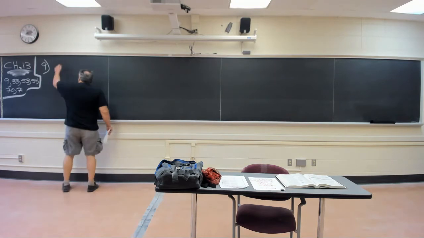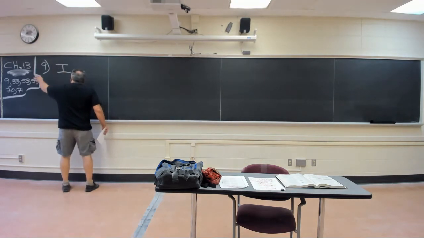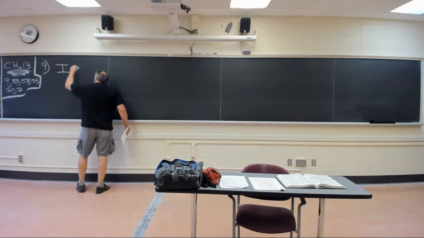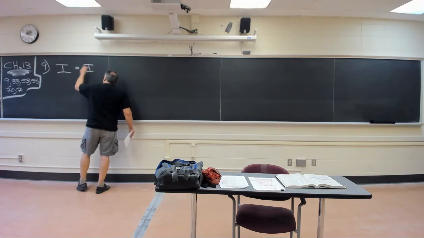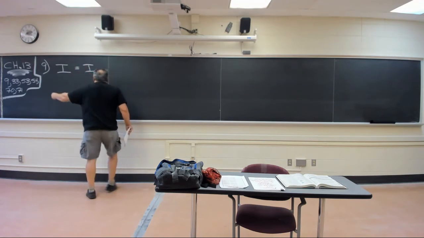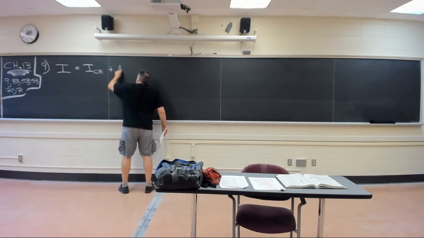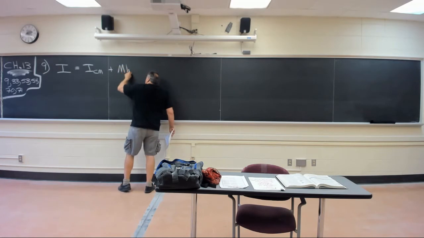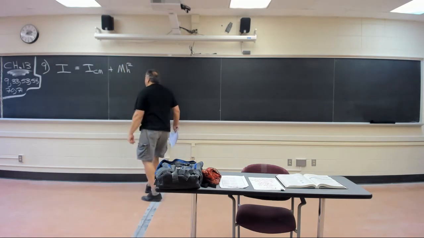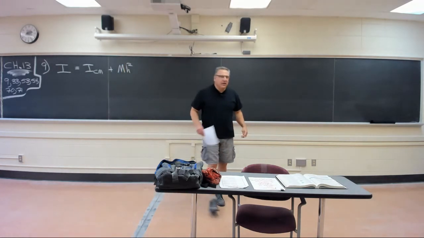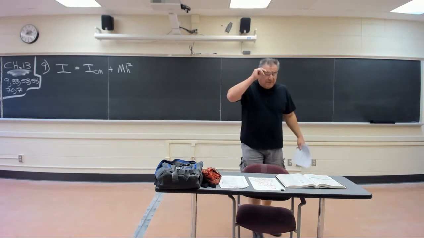The parallel axis theorem says the moment of inertia of something is equal to the moment of inertia of that something about its center of mass plus the mass of the object times h units away from the center of mass of the object.